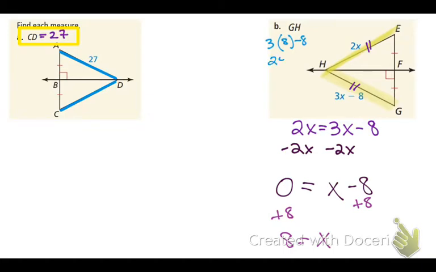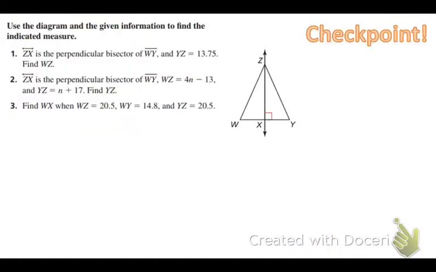So we'll have 24 minus 8, which is 16. Is there a way I can check it? Yes, I can plug it back in. 2 times 8, which is 16. All right, you guys are going to do the bottom section. I'll walk around and check.